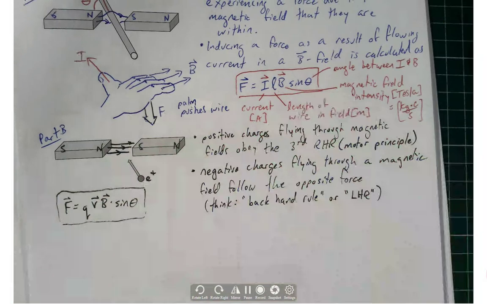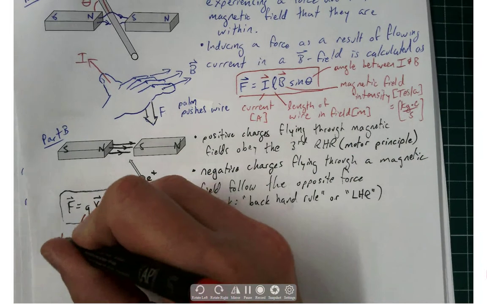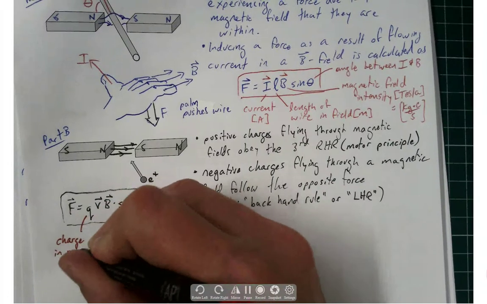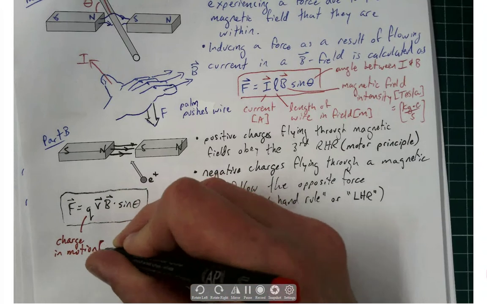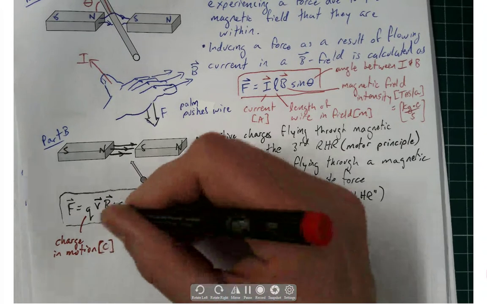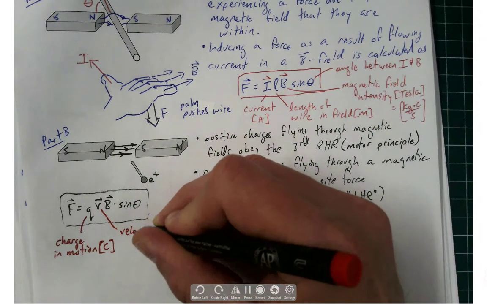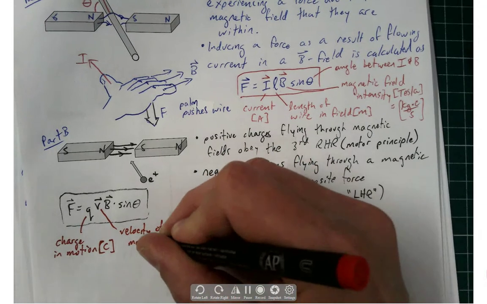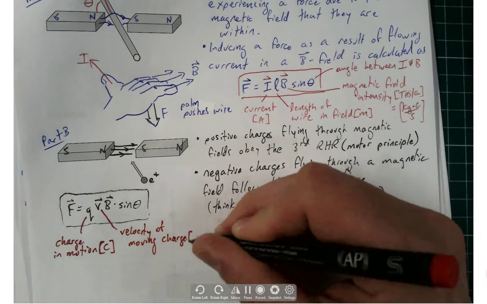What we have in fact here is a charge that's flying through space, so charge in motion, and of course we measure our charges in units of coulombs, and the V is the velocity of the charge. Of course, that's just given in meters per second.